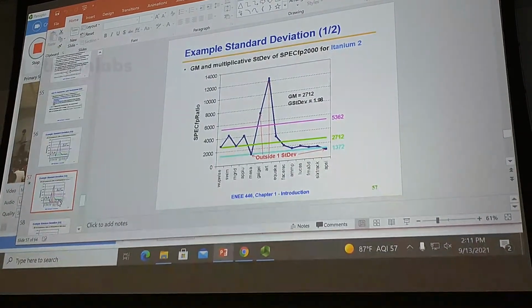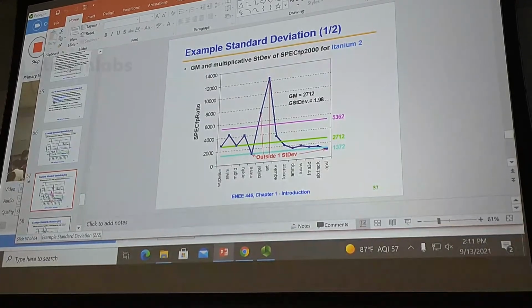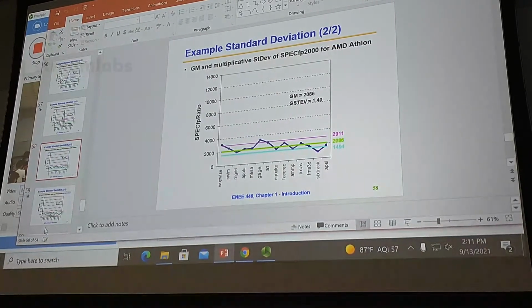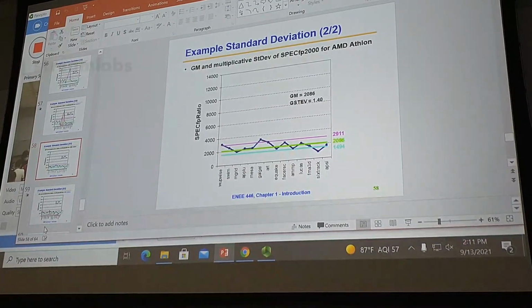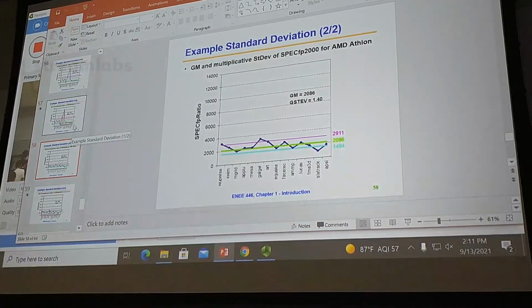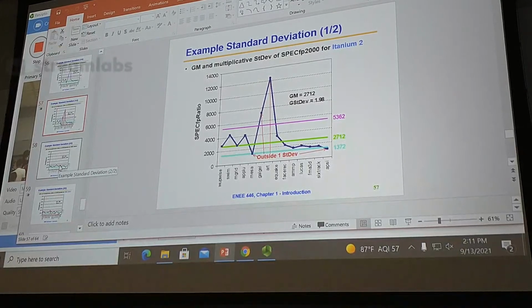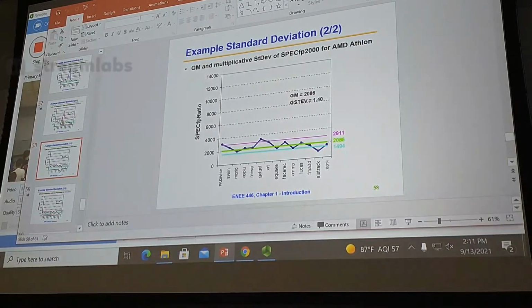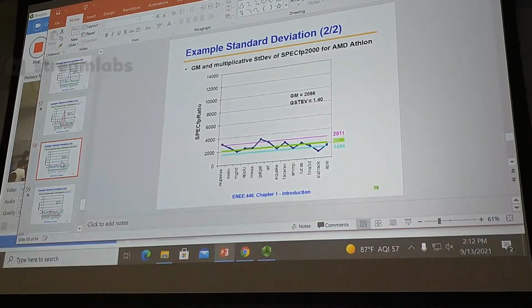Now, comparing this to the data for another processor, the AMD Athlon. If you look at the geometric mean, the Athlon has a slightly lower geometric mean. This one was 2712. This is 2086.